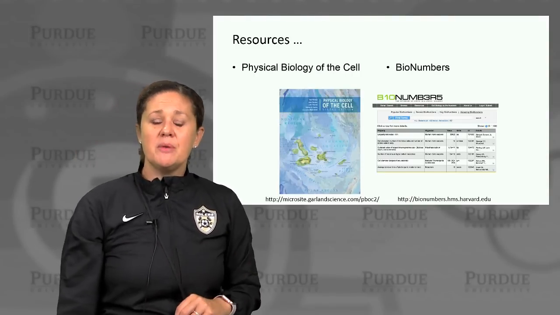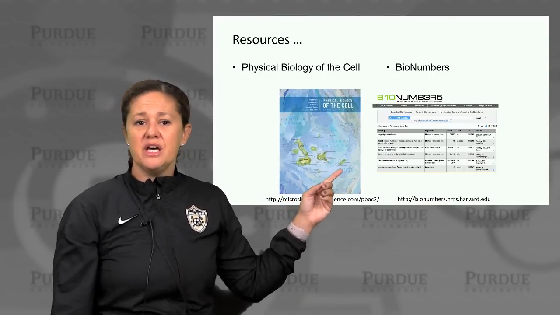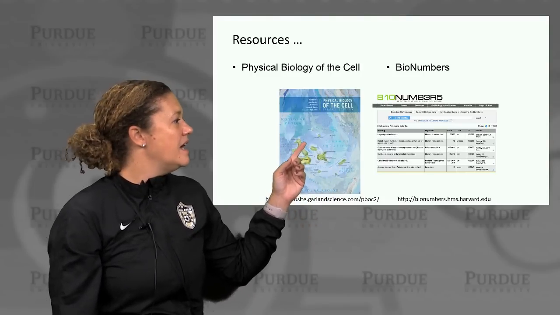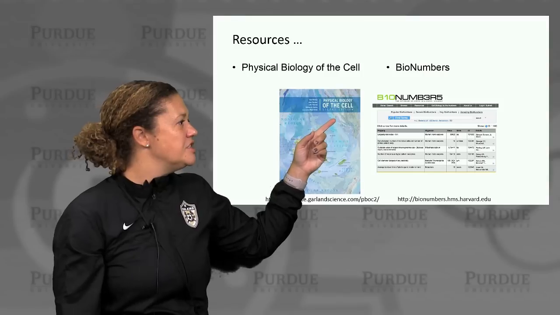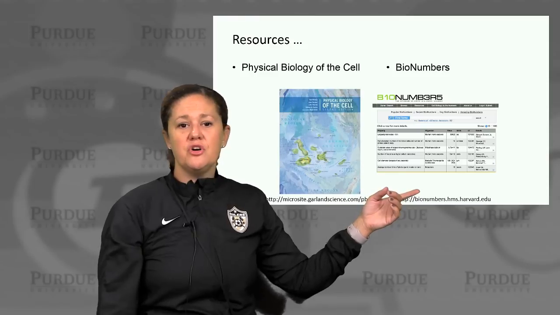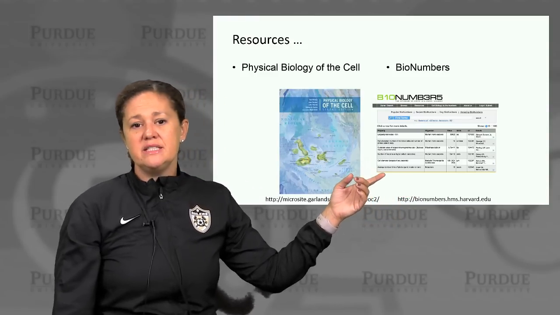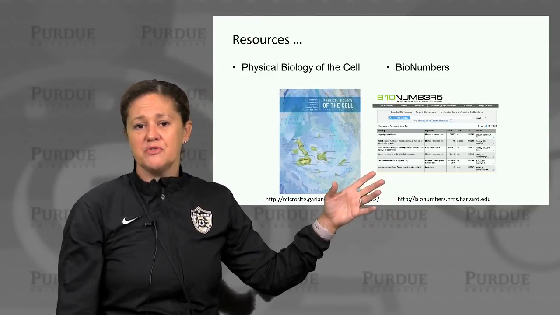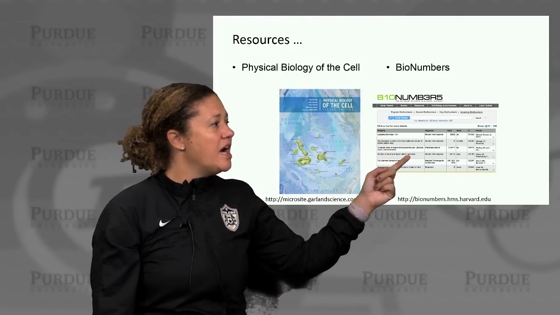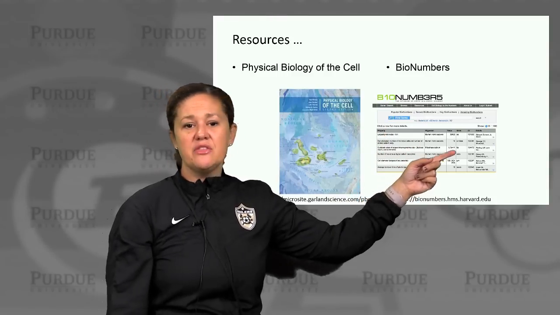I want to point out a couple of resources here. A really excellent textbook that many of the figures in this lecture came from is Phillips' Physical Biology of the Cell. There's also a wonderful online resource, BioNumbers. This is a curated database of all kinds of numbers from biological systems that you can search to find a property or value, get a number, and find the reference for it.